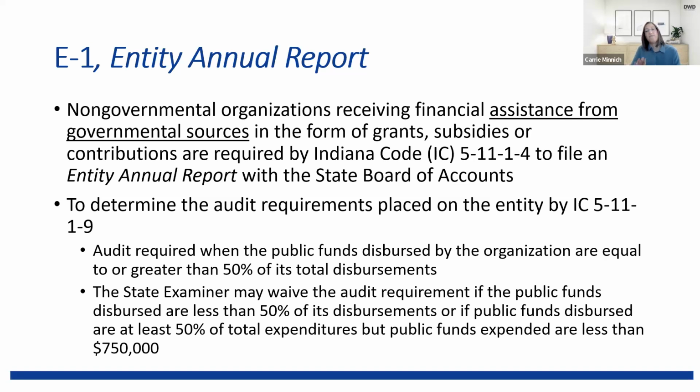Whether it be federal, state, or local, if you're a nonprofit and you receive government funding, you need to file this form with the state. The state then looks at this form and determines whether you need to have an audit done. They do a calculation based on your total disbursements and where you're getting your money from, and they will let you know if you need to have an audit done.